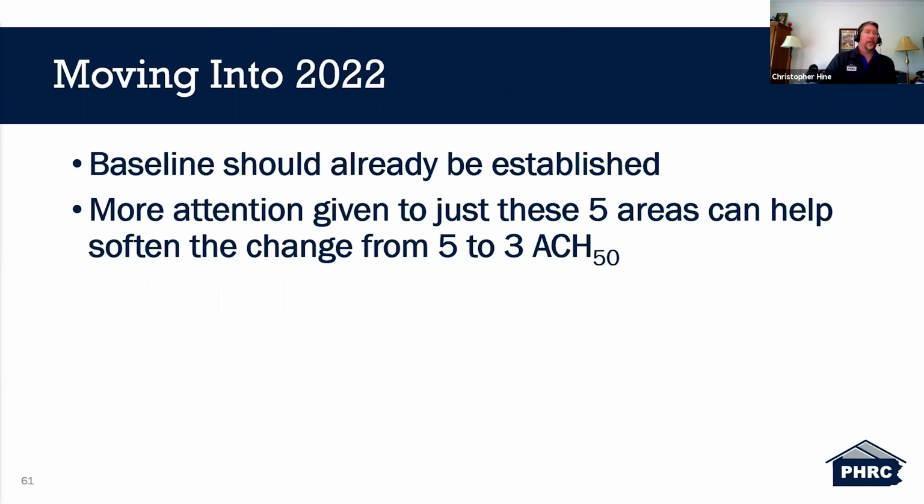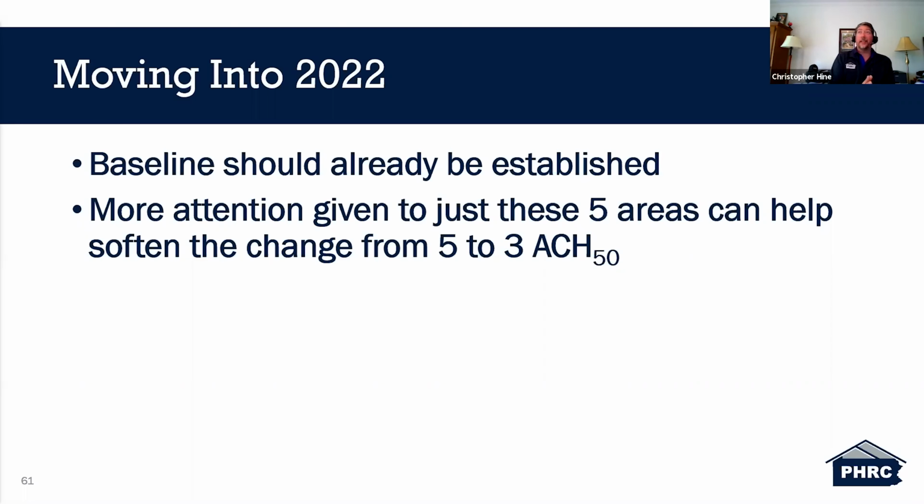But as I said earlier, with running through that poll, our baseline should already be established, right? When we went from the 2009 code to the 2015 code, the majority of us didn't have a baseline. We didn't know where we were testing in at.